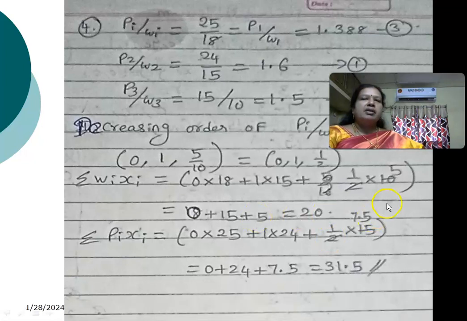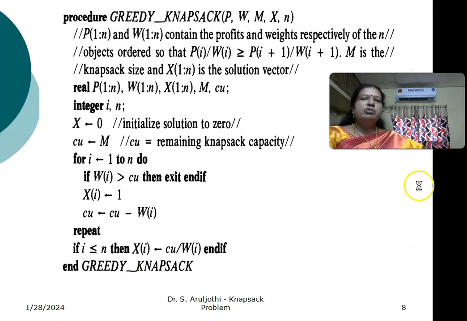Okay, next we have an algorithm to calculate the fractional values of the knapsack method. So greedy knapsack. Here I am going to get the fractional values with the final strategy, that is PI by WI in the decreasing order.